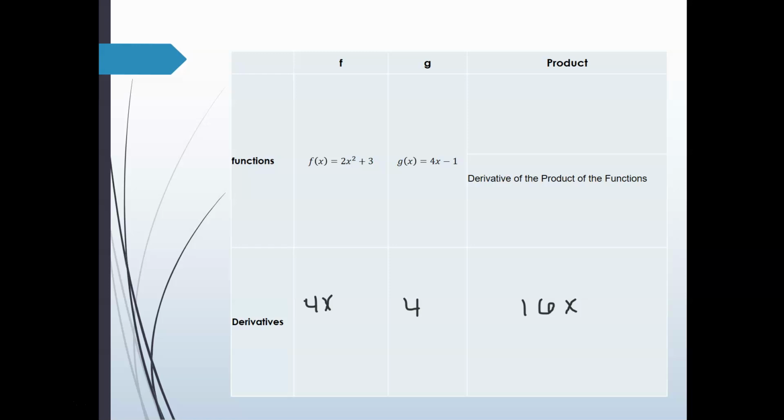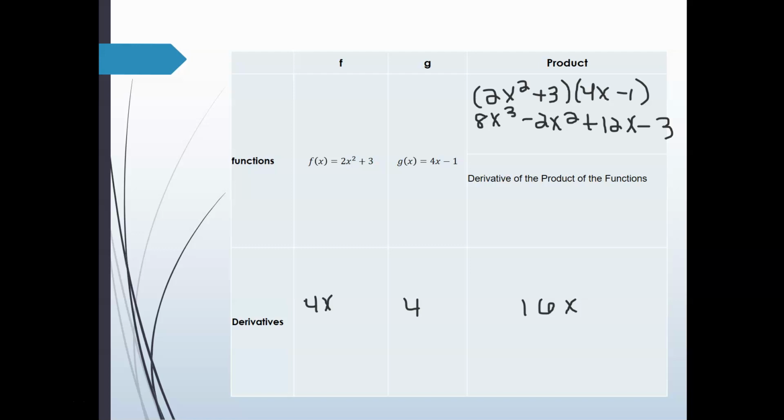f of x times g of x looks like this. What we're going to do is FOIL f times g and then find its derivative. So 2 times 4 is 8x cubed minus 2x squared plus 12x minus 3.